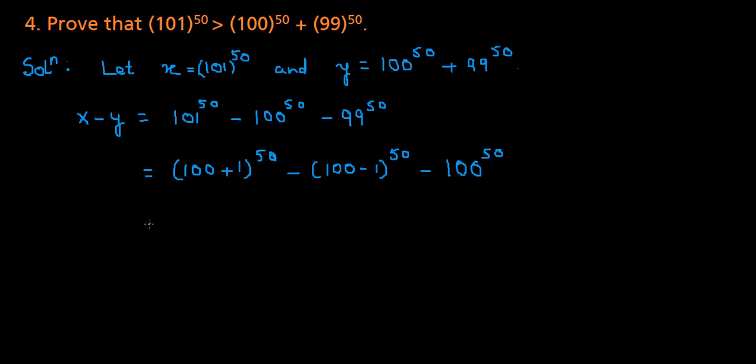Now what we're going to do is expand this. So this is 50c0 100 raised to the power of 50. We don't have to worry about the second term since that is 1. It's always going to be unity. Then we have 50c... Okay, I just remembered what we can do here. So this is actually equivalent to the conclusion drawn from the binomial theorem.